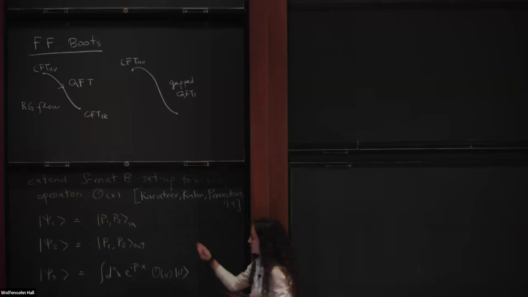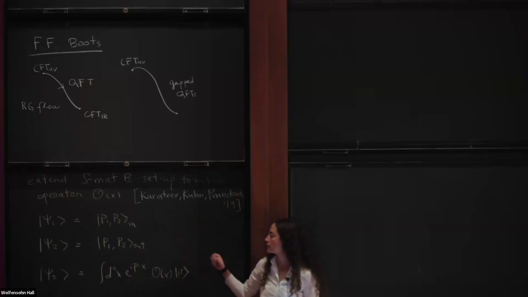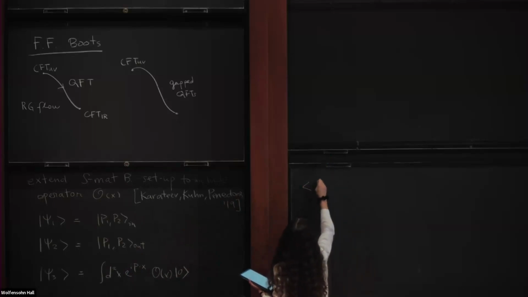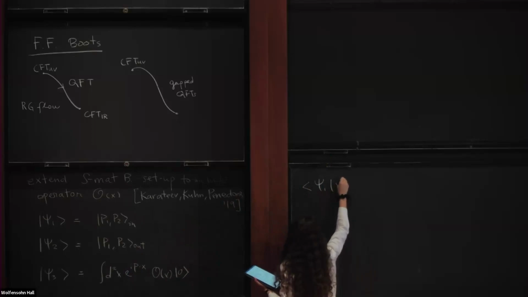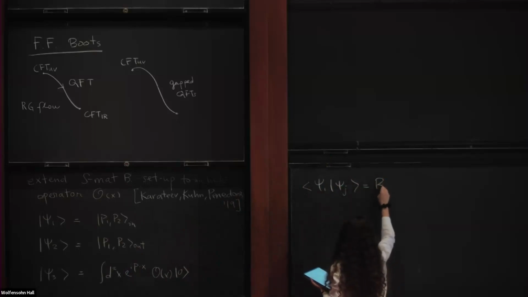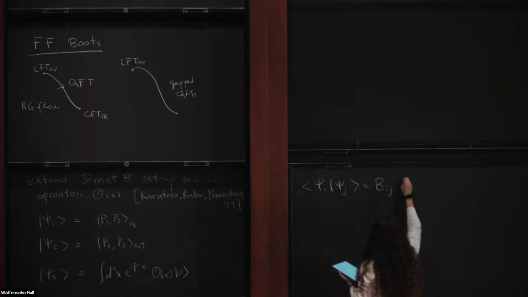And so, now we have 3 types of states, and we want to consider the inner product of these possible states. We want this inner product, which will give some matrix I call B_ij, with some delta functions.